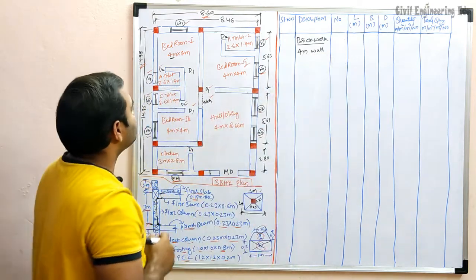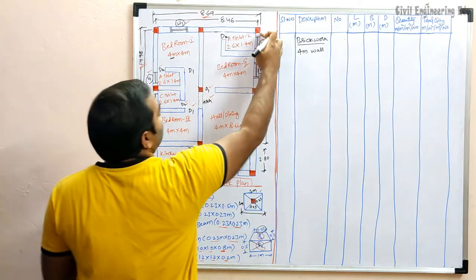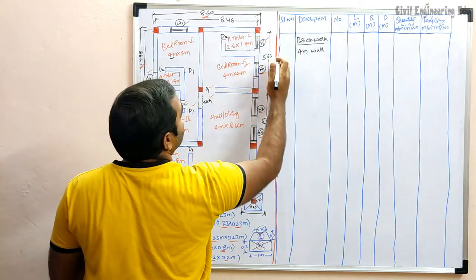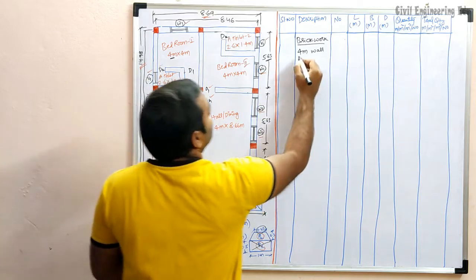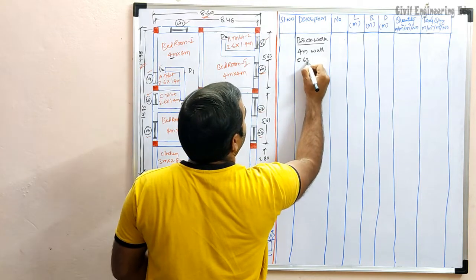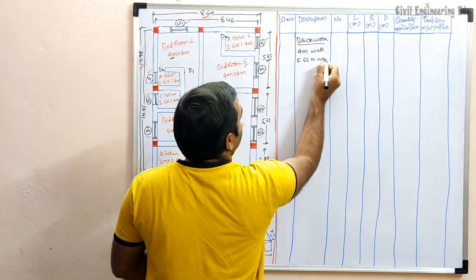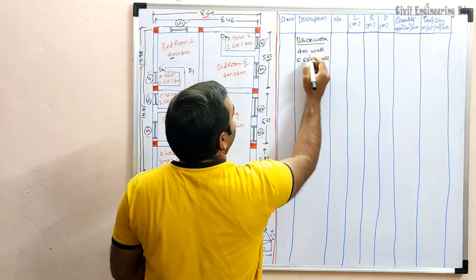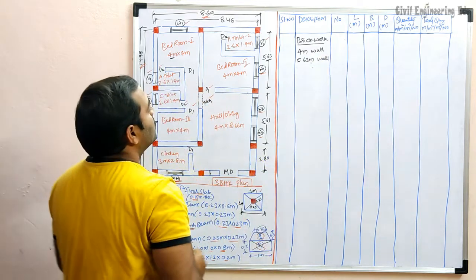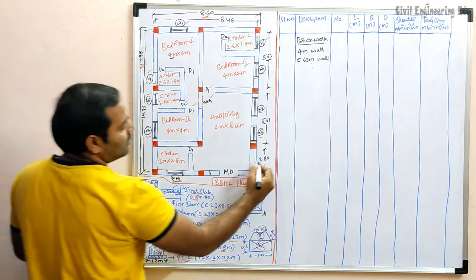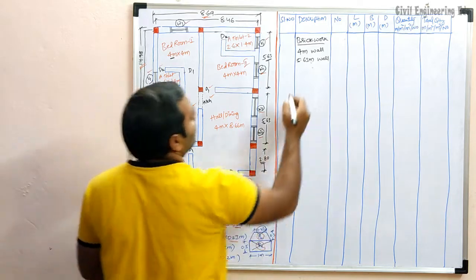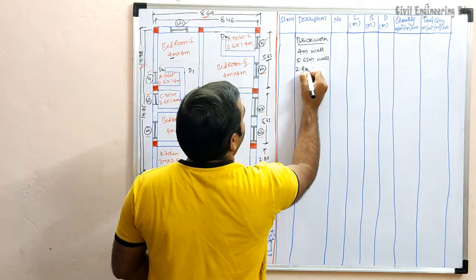Next one is this wall, 5.63 meter wall. Next one is a 2.80 meter wall.